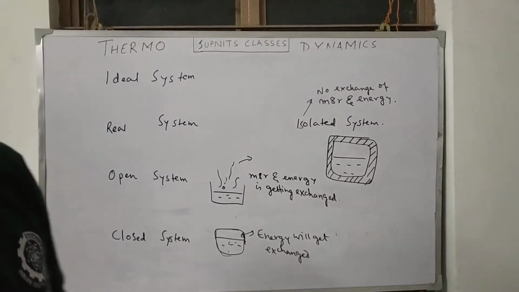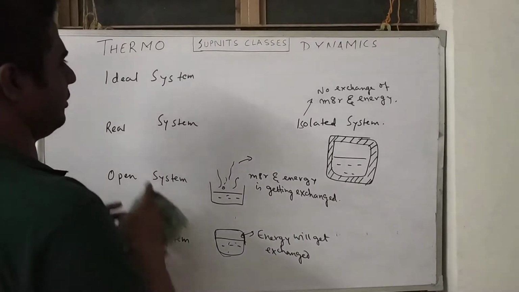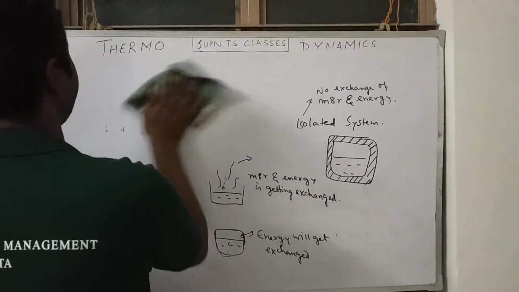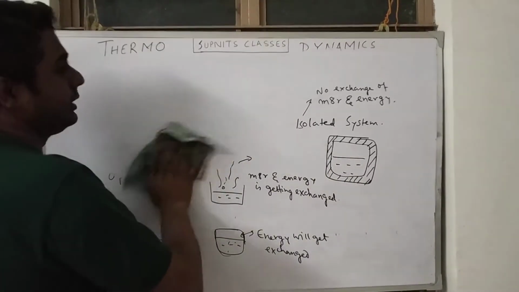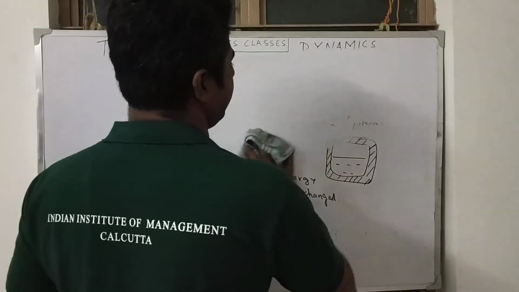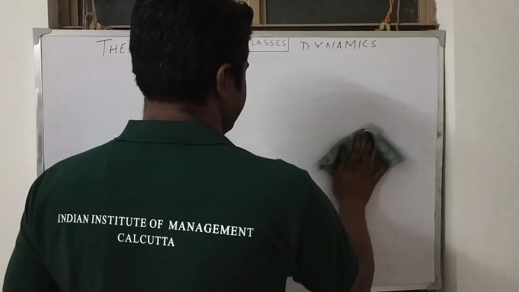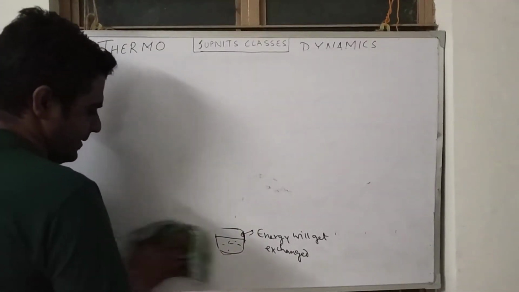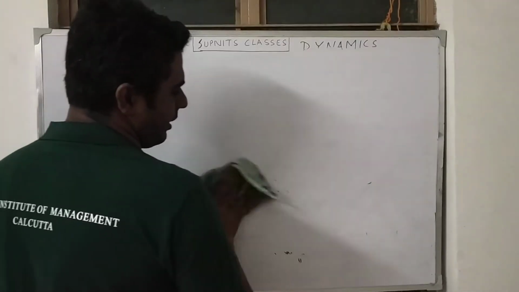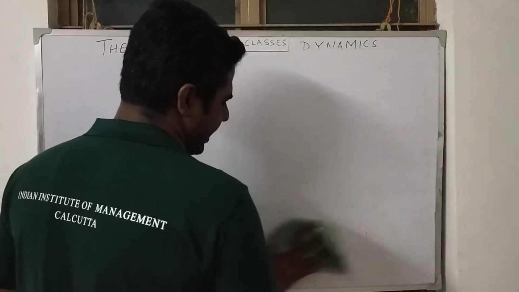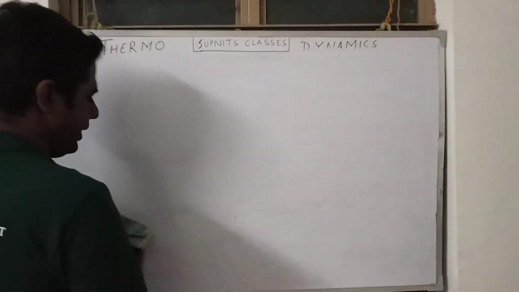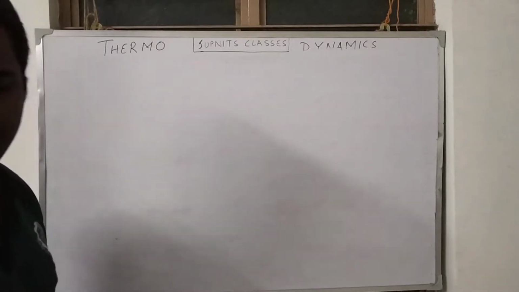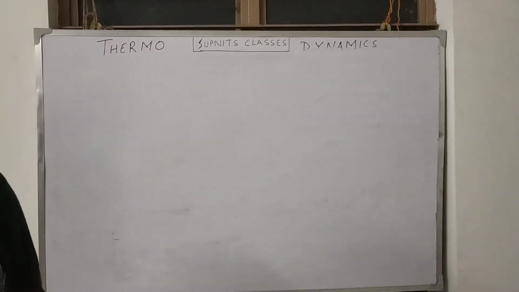ठीक है? Okay. एक दो सिस्टम है, we will complete that also, and after that in next session we will be studying about various properties of thermodynamics. Okay. So while we started thermodynamics as a chapter, I said thermodynamics will be applicable in case of macroscopic properties.